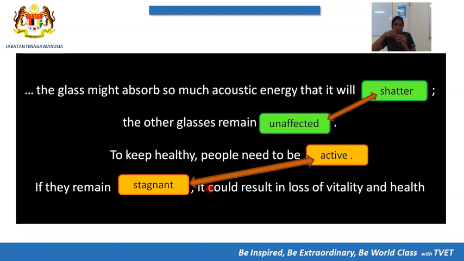The opposite of active is non-active, means stagnant. So that's the meaning given in the example. Guys, can you really follow my lesson? Can you understand? So far so good? Good job.